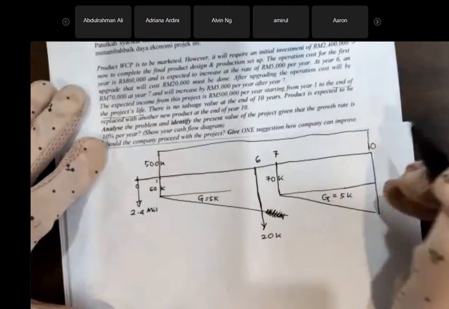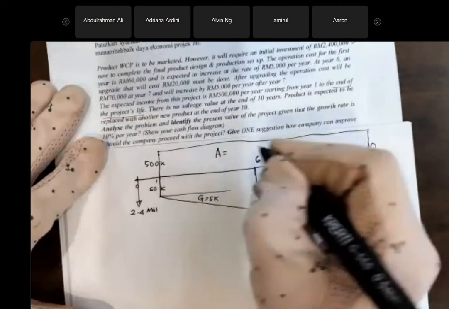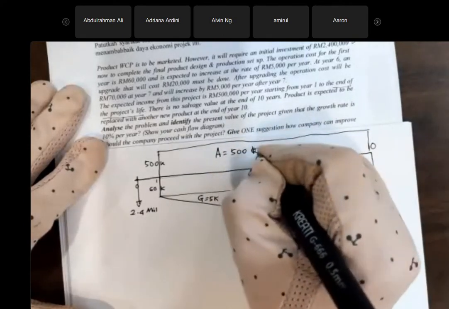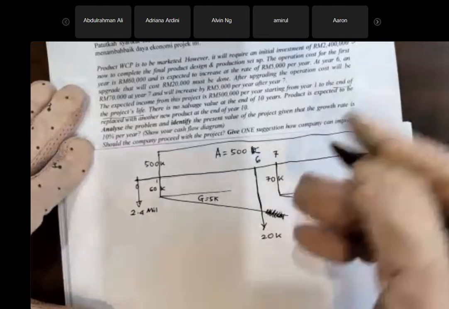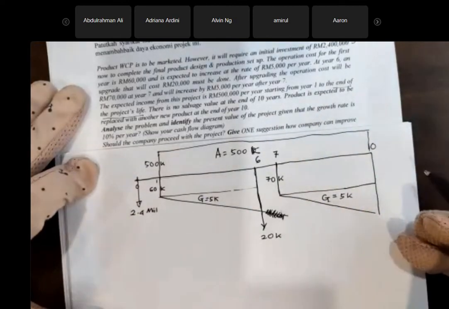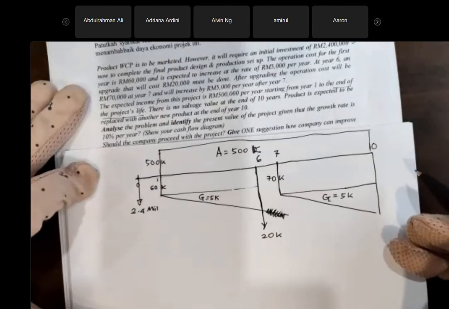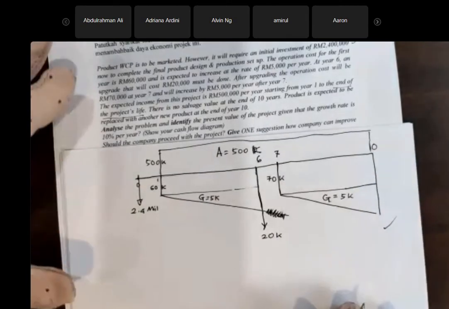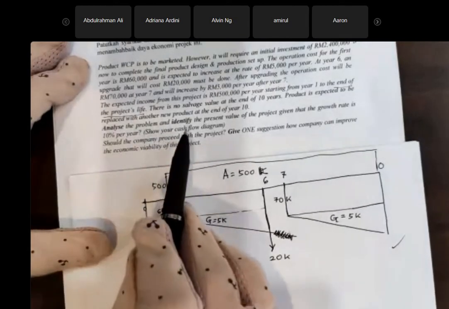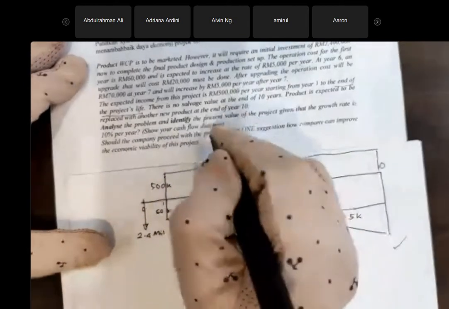This A is 500K. Is it complete? Okay, complete.